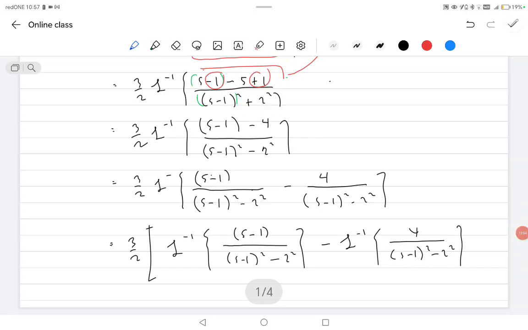So we have two terms here that we can solve separately.